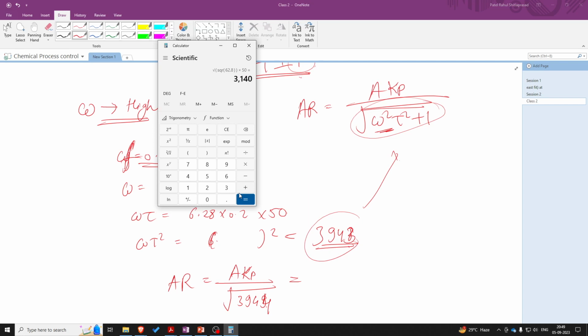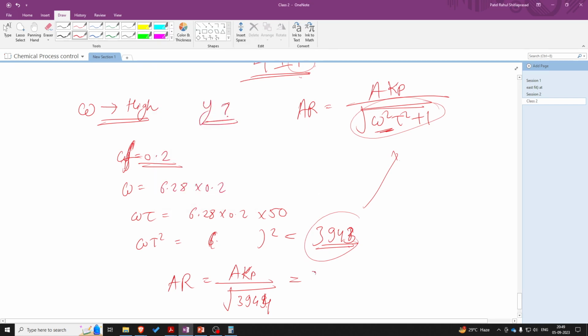Again, that will remain the same almost. Now we need to find the inverse. 1 divided by 62.4. So this will become 0.016 times the amplitude ratio.